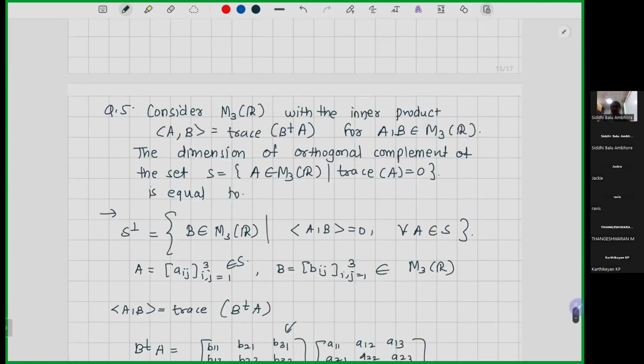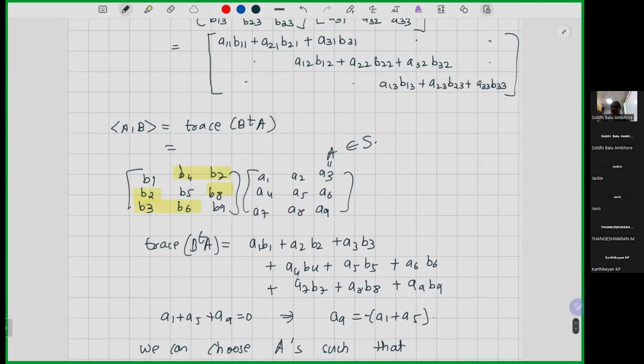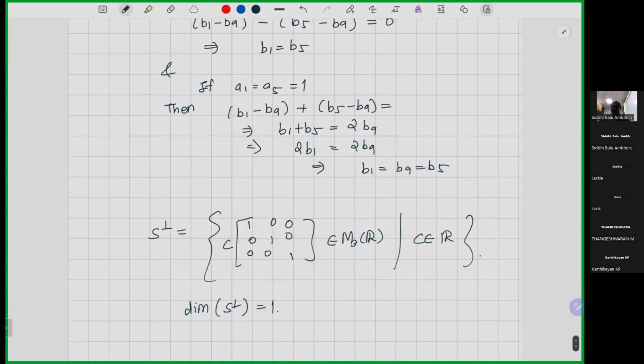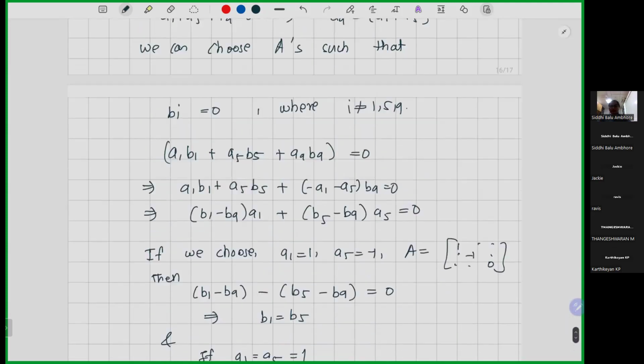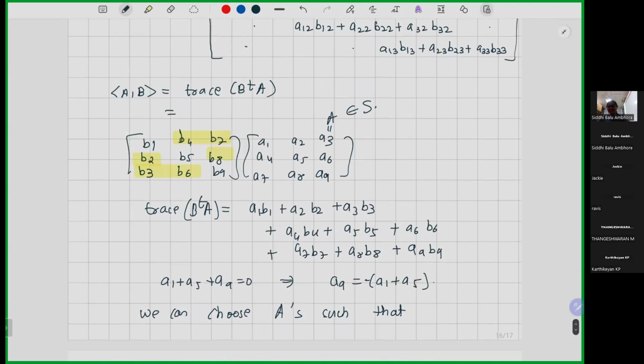So that becomes a bit tedious, but if you try to find the explicit elements from S such that you will get B4, B7, B8, B2, B3, B6 of B to be equal to 0, you end up getting B1 is equal to B5 is equal to B9.